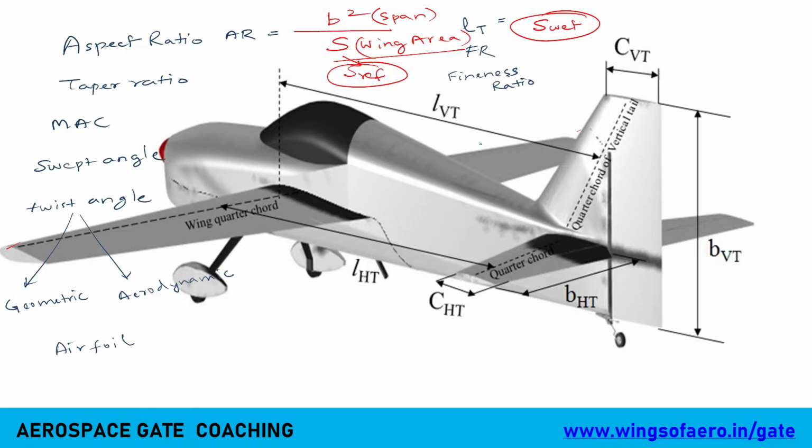Very simple. See, this is a wing structure. What I have said here, I have calculated from one tip to the other tip, what is the area. This wetted area refers to the area which is submerged under the fluid. That means how much portion is touching the air, the surface.